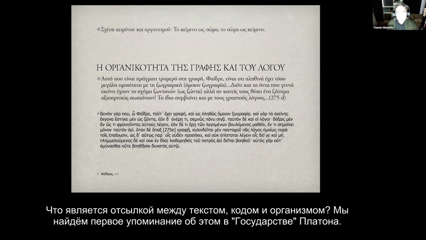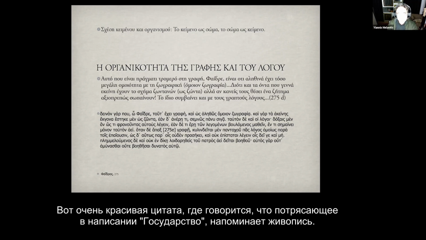So what is now the reference between text, between code and an organism? We find the first reference of this in Phaedrus, in Plato, in a very nice quote, where it says that it is really tremendous in writing, Phaedrus, that it resembles painting.